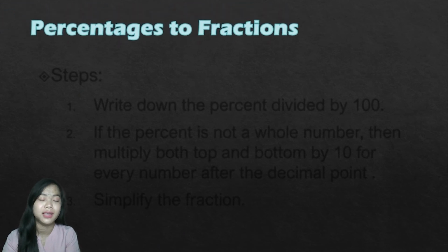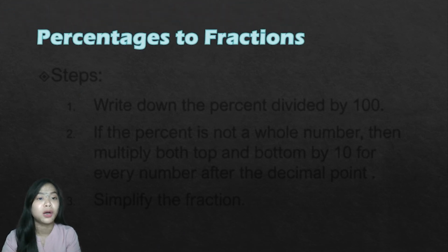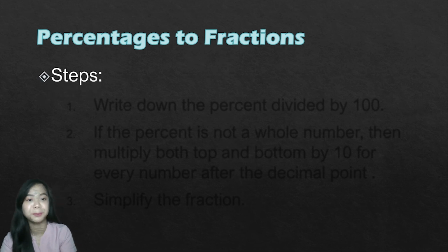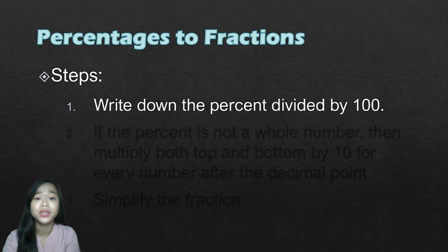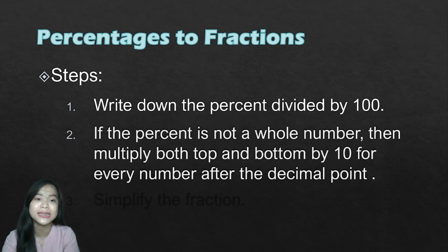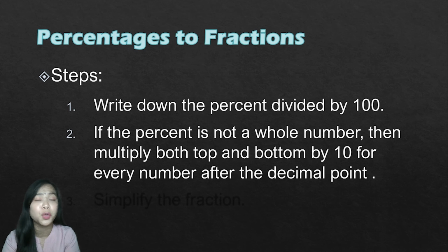And now, the last part, we need to convert percentage to fractions. So we have 3 steps. First, write down the percent divided by 100. Second step, if the percent is not a whole number, then we need to multiply both the numerator and the denominator, or both top and bottom, by 10 for every number after the decimal point.